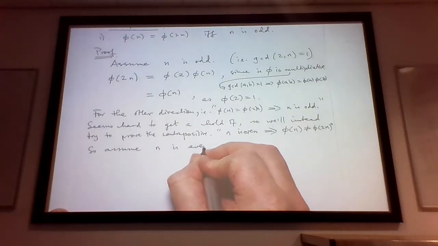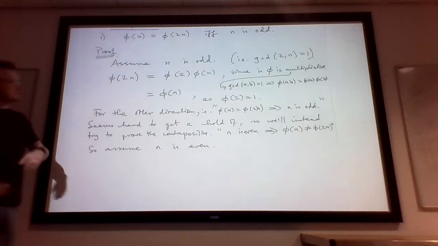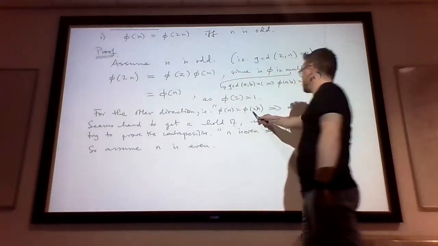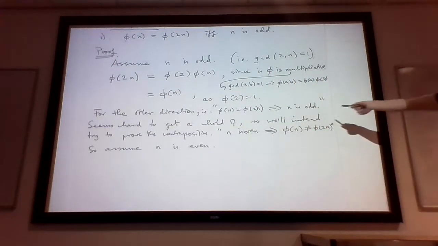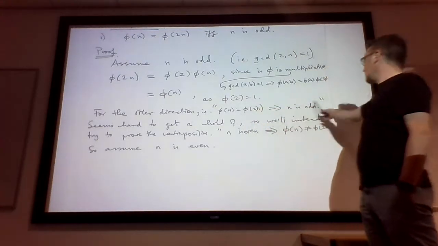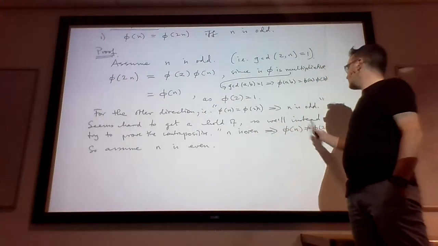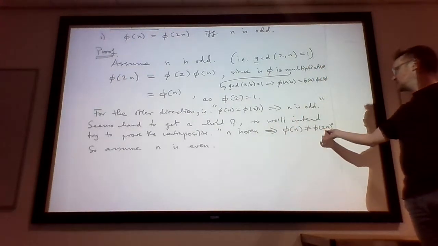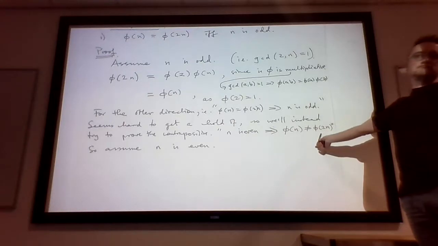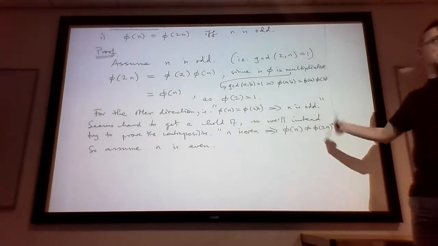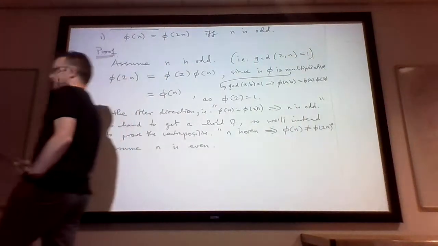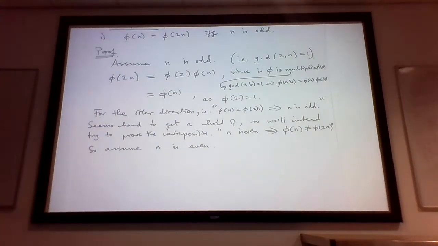The first thing to recognize is this is the contrapositive, which is logically equivalent to the previous statement. The previous statement says if the phi values are the same, n is odd. We're going to prove instead if n is even, that forces the phi values to be unequal. That means if they are equal, n has to be odd. The statement and its contrapositive are logically equivalent.